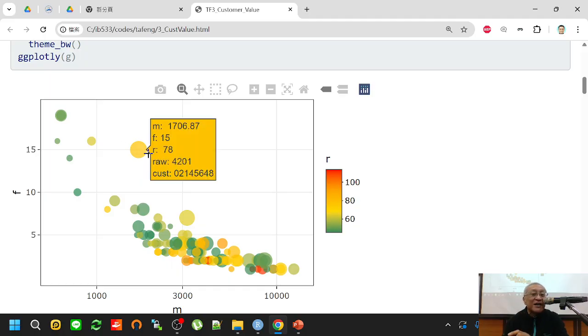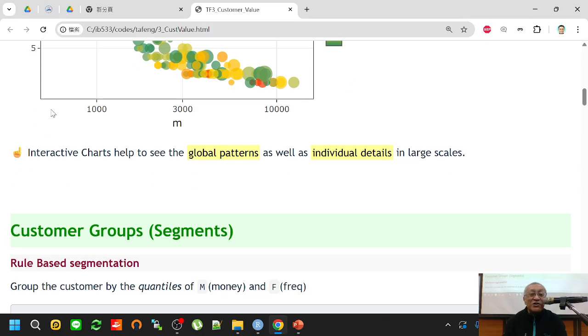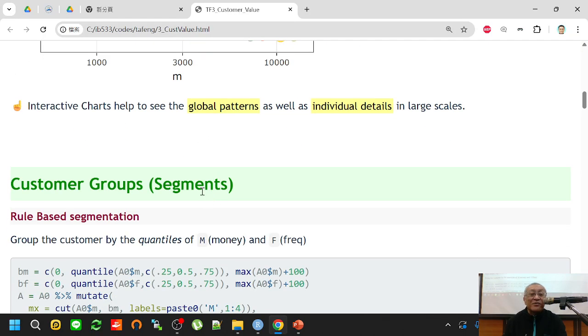As you can see, there's a customer ID at the bottom of the tooltip. This customer is customer 02145648, the customer ID. So this is the way to see the pattern.